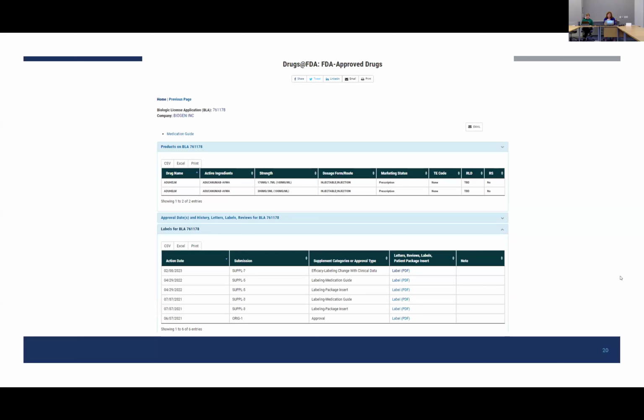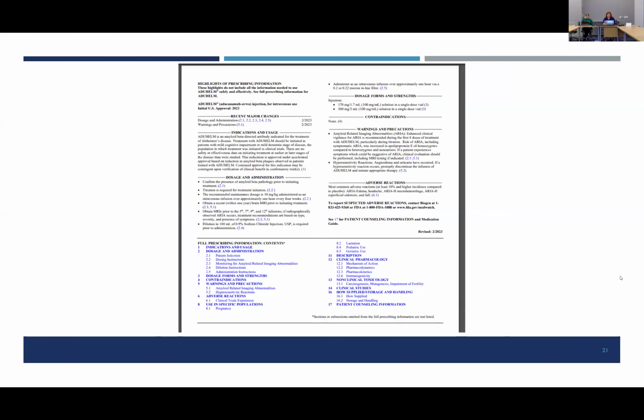You can see the description in there that they've changed the medication guide, the package insert. So if it's been updated, obviously you want to pick the most recent one. And so once you click on that hyperlink for the label PDF, then you'll get the package insert. And this is where all of that information that you're looking for in order to make your decision can be found.